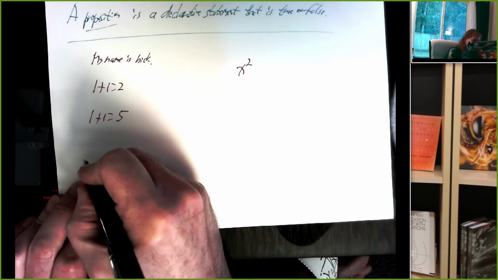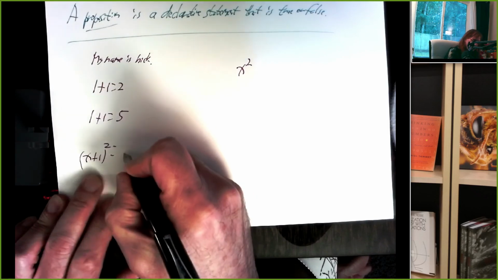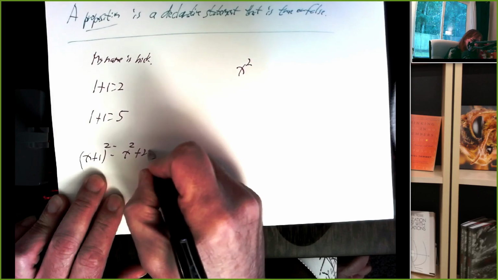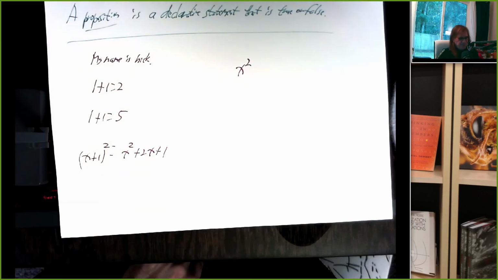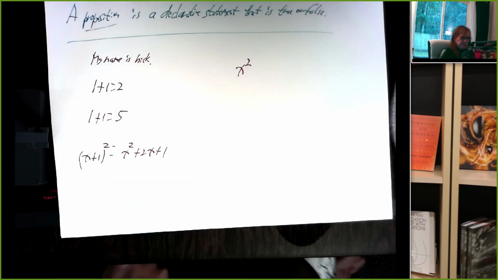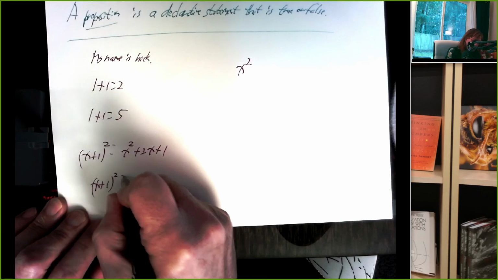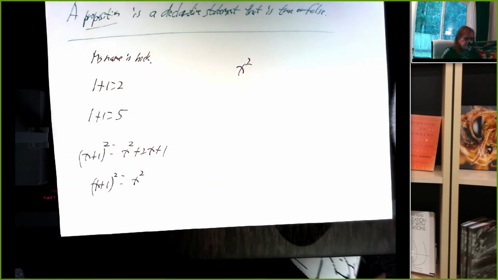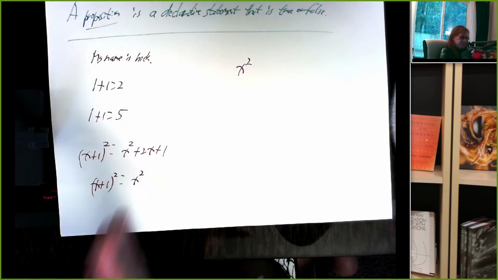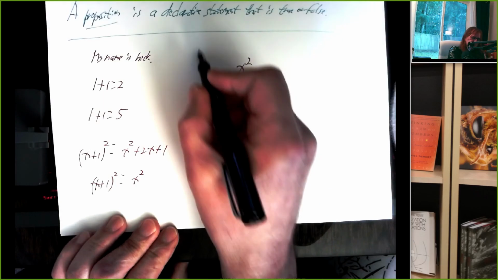Here's a different proposition. That is a proposition. It's stating that this is equal to this. That's also a proposition. This proposition turns out to be false, always. This turns out to be true, always.